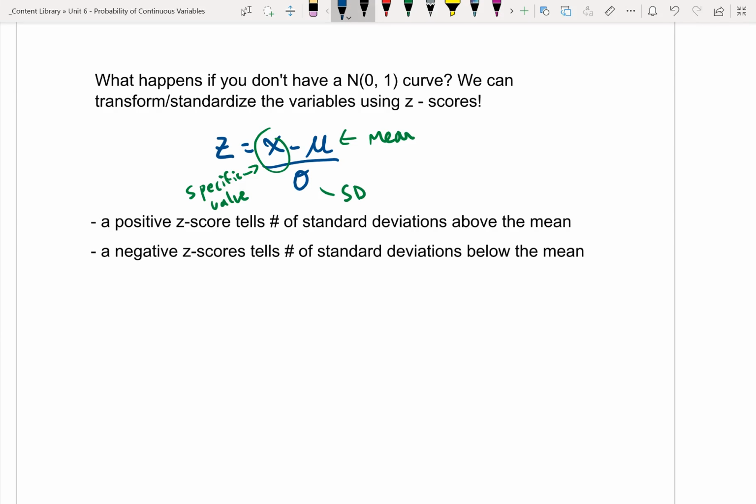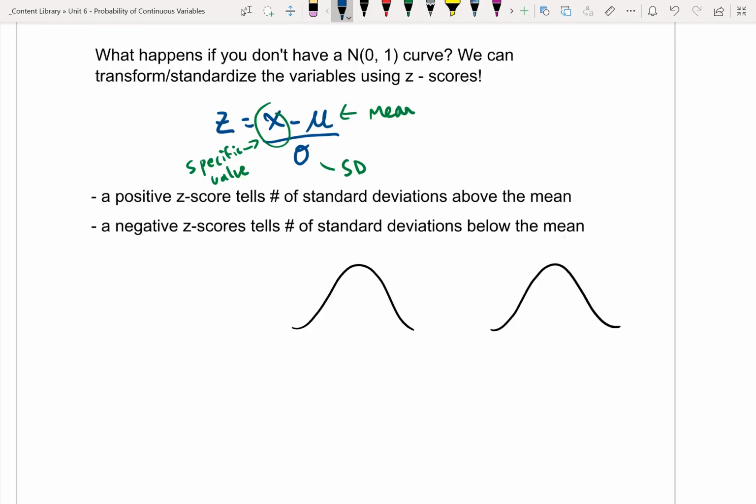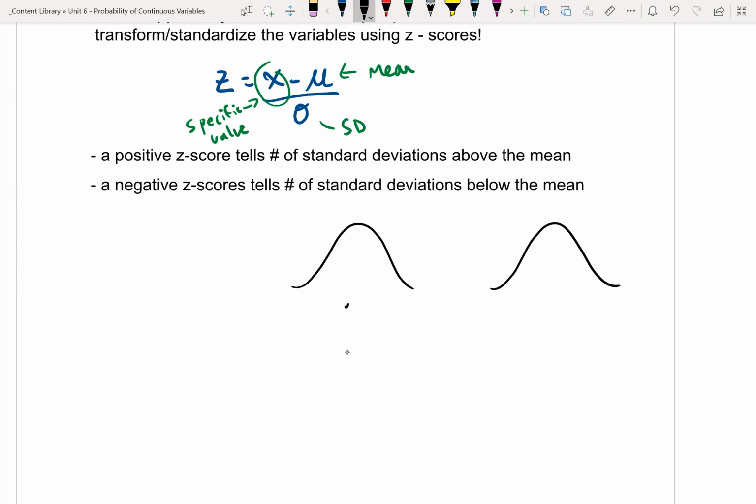Now, the key thing to keep in mind is that if I have my normal distribution, I'll look at two examples. If I have my mean in the middle and I get an x value that is above, I am looking for a z-score. What the z-score gives me is the probability of getting x from that value and everything below.